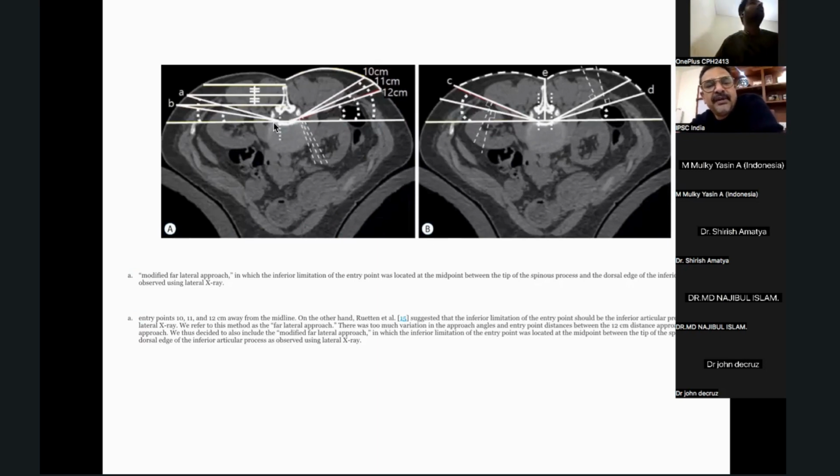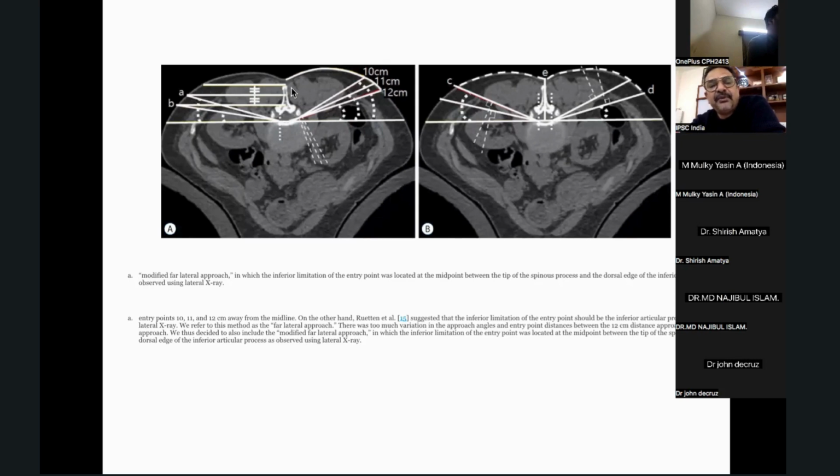We want to target the canal directly through the foramen. In those cases, we go with this far lateral approach, right? Yes, sir. If you have to enter into the canal and target the fragment from there, we have to select this far lateral approach.